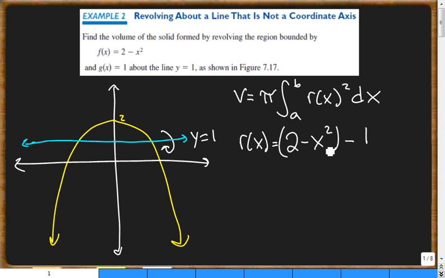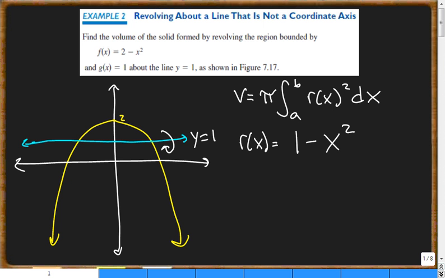So it's kind of like if we shifted our parabola down 1. So our radius here is actually our 2 minus x squared minus 1, which is the same thing as 1 minus x squared. That's what we're going to get here.